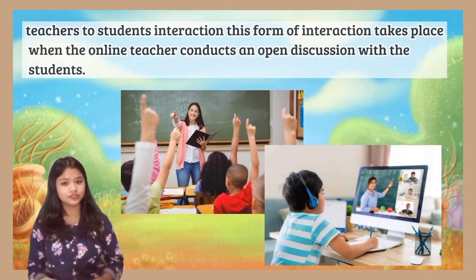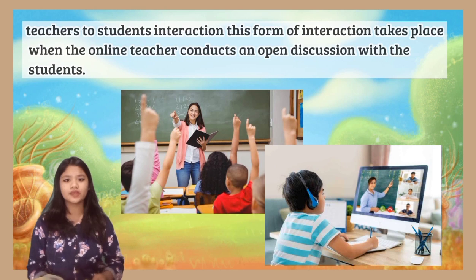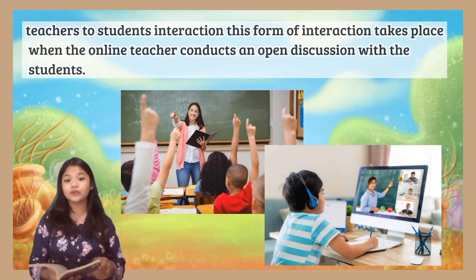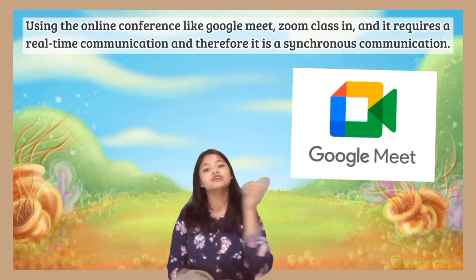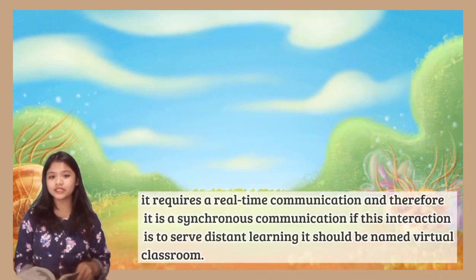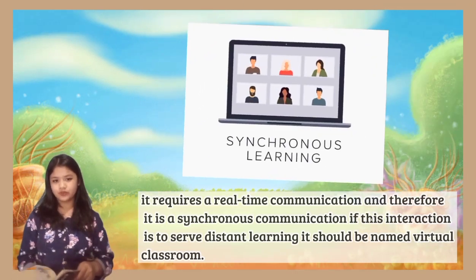Teacher to student interaction takes place when the online teacher conducts open discussions with the students using an online conference tool like Google Meet, Zoom, or ClassIn. It requires real-time communication and therefore it is synchronous communication.